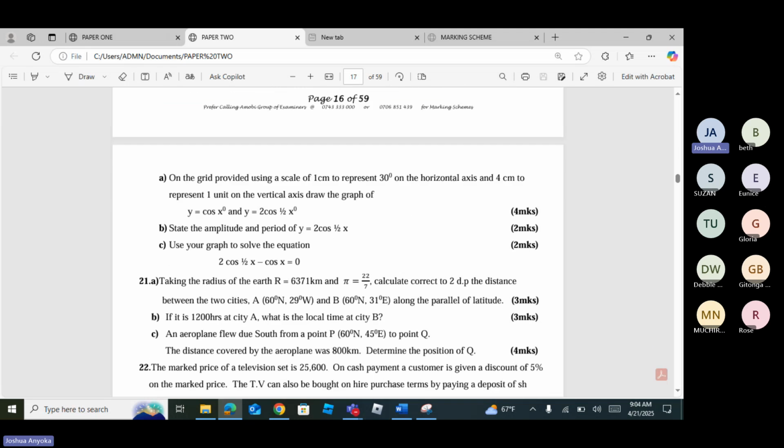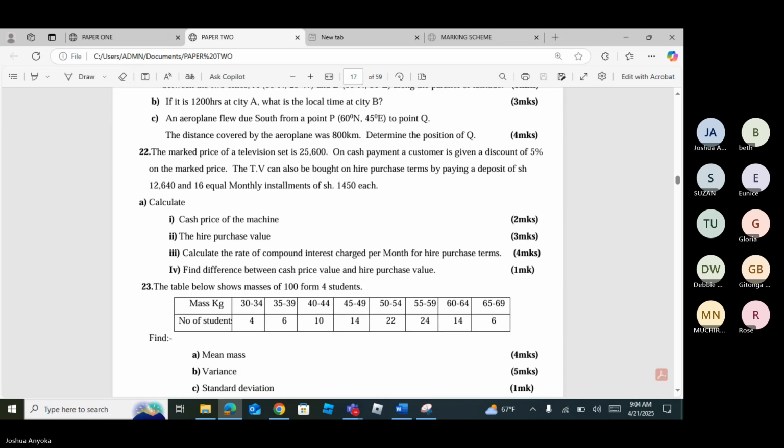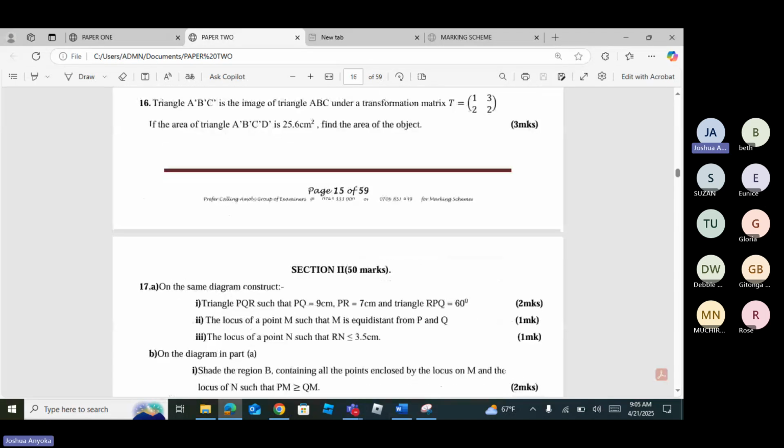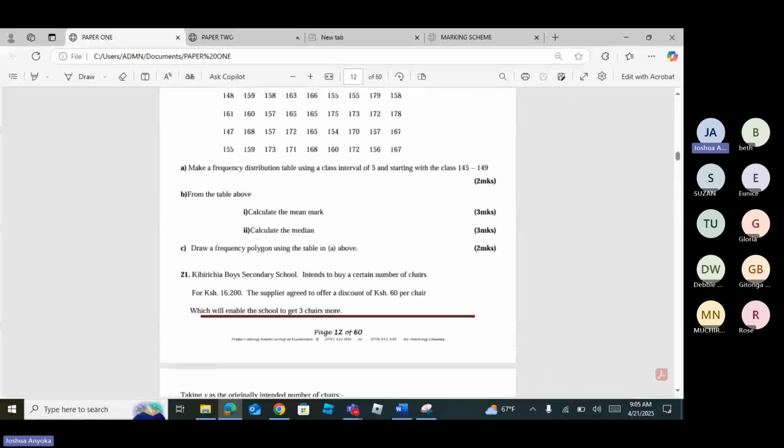That's not the case. It's not behaving. Maybe paper 1.